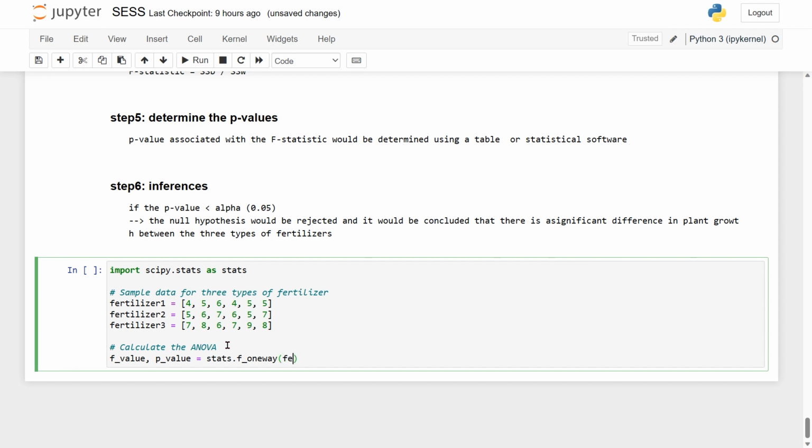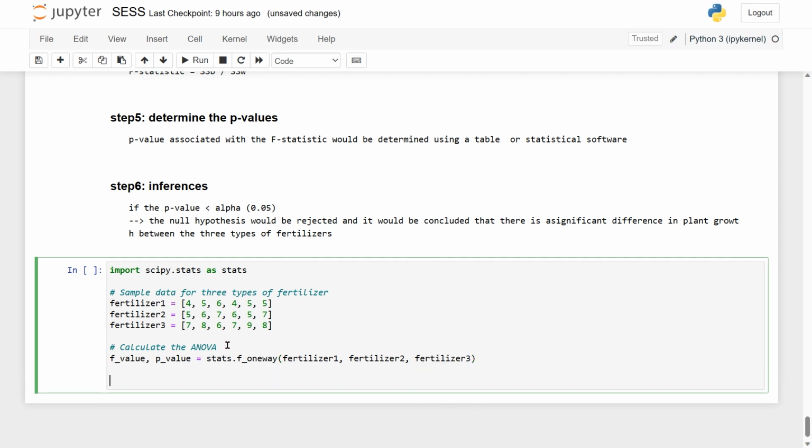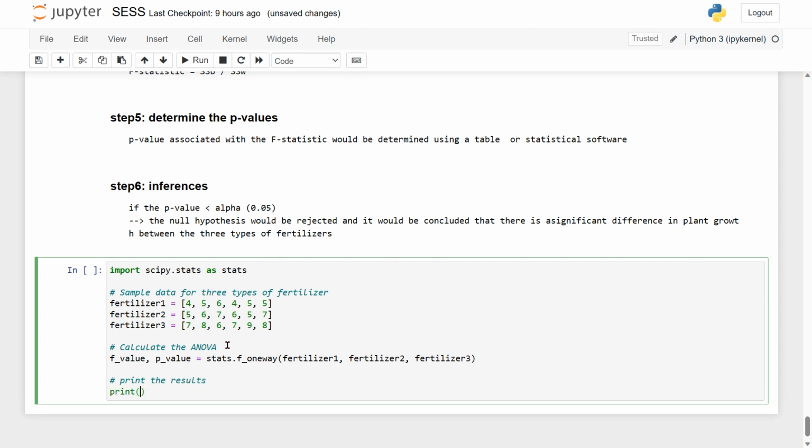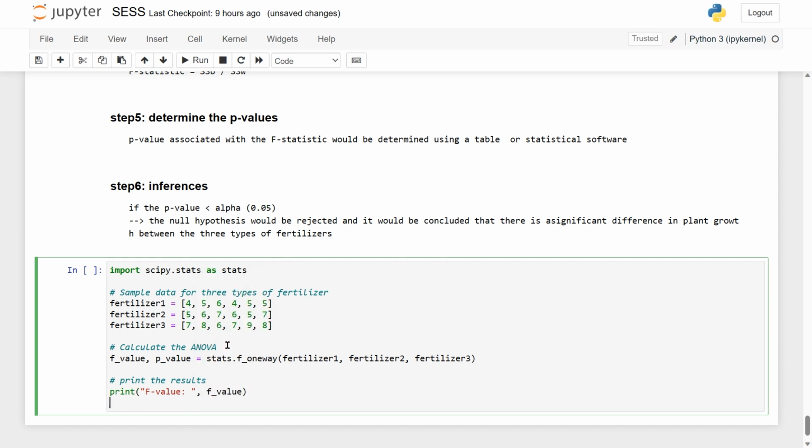Then fertilizer 1, fertilizer 2, fertilizer 3. That's it. Now let's print the results: print the F value and also print the P value.